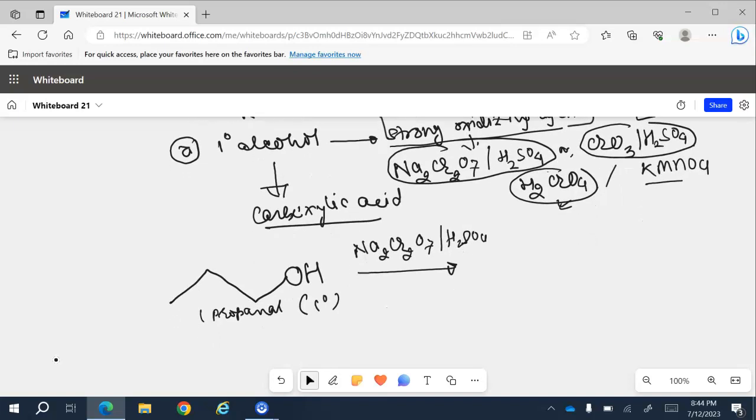So this is 1-propanol, and it will go to carboxylic acid, C double bond O OH. This is 3 carbons with the carboxylic acid, so it is propanoic acid.